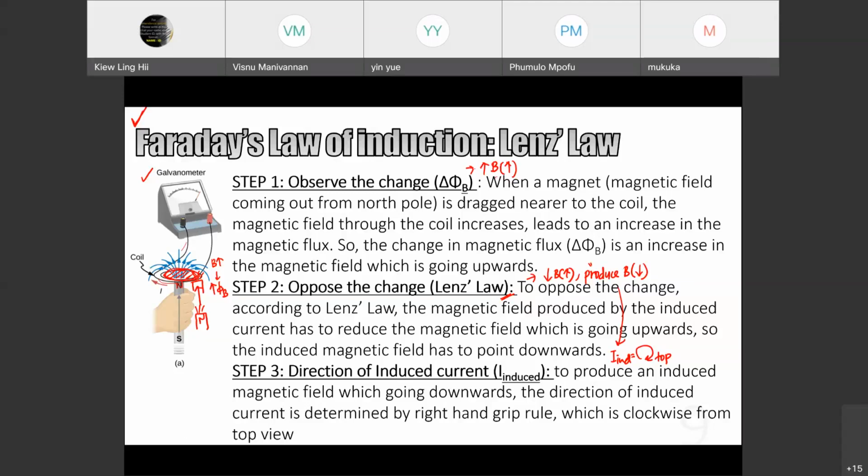Remember from our Lenz's law, when there is a change in the magnetic flux, there will be induced current. According to topic 9, when there is an induced current, there is definitely an induced magnetic field. Lenz says that this induced magnetic field will move in a direction so that it will oppose the original change in flux.